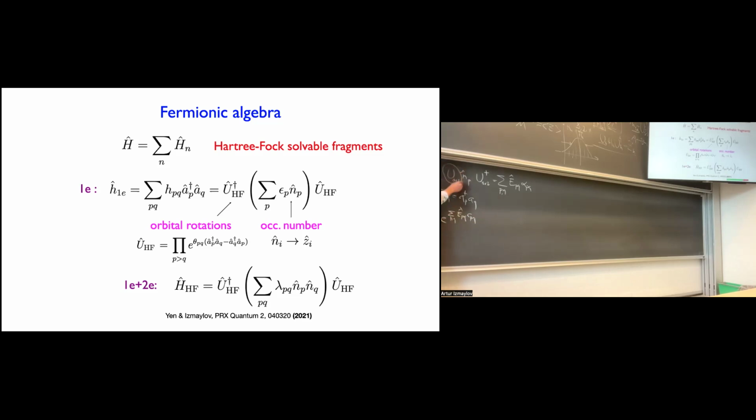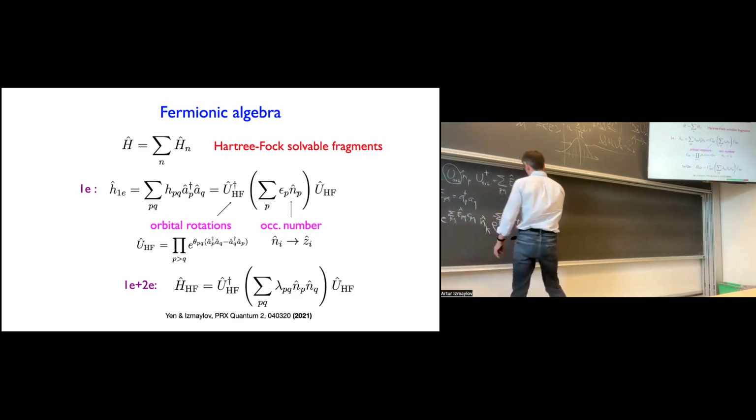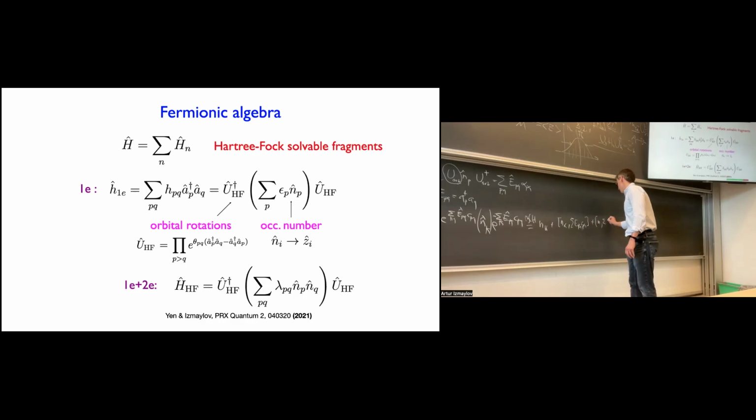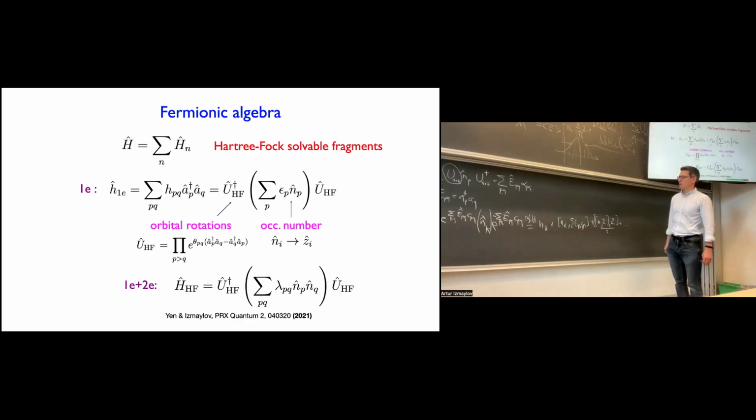If this is our unitary, then the conjugation of n k will give us, as we know from the Baker-Campbell-Hausdorff expansion, n k plus the commutator of n k with the sum of C PQ E PQ, plus the nested commutator divided by 2, and so on. The typical BCH expansion.